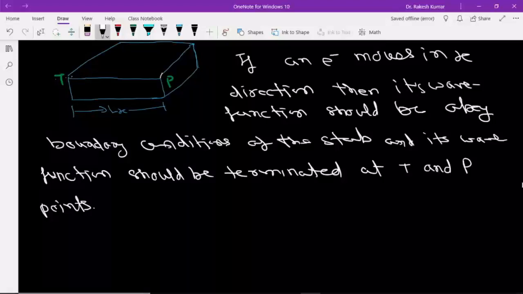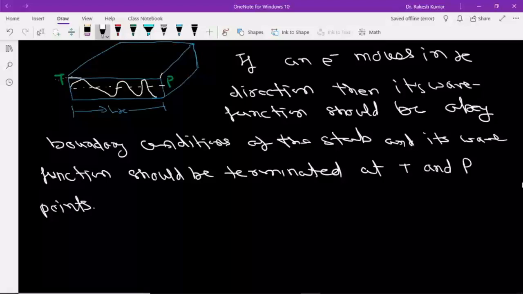Look, this. So if I draw a simple wave here, it's not exactly like an electron, but for simplicity let's draw a wave like this. So this wave is obeying the boundary condition that it is going to terminate at this edge and also at this edge. And as I said earlier, due to this boundary condition, a traveling electron wave behaves like a standing wave.